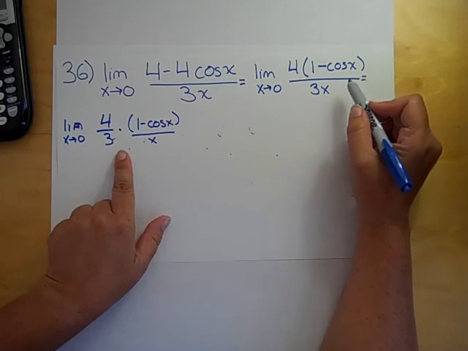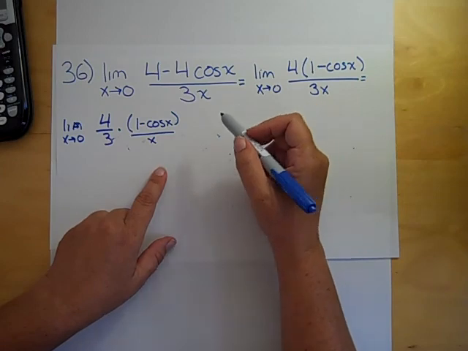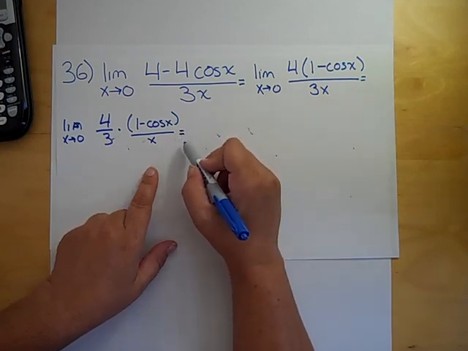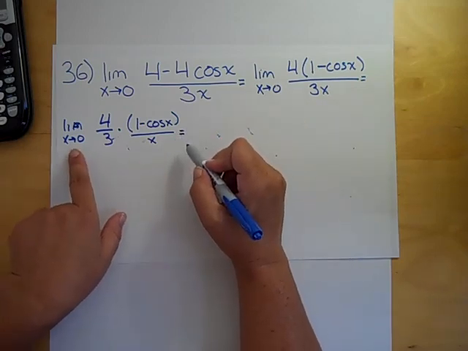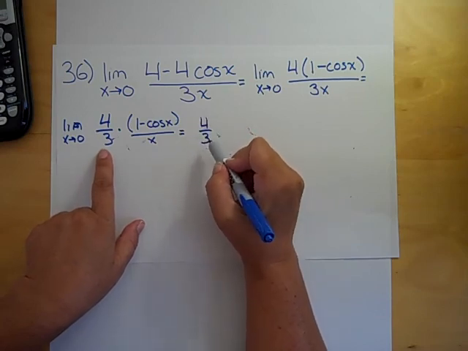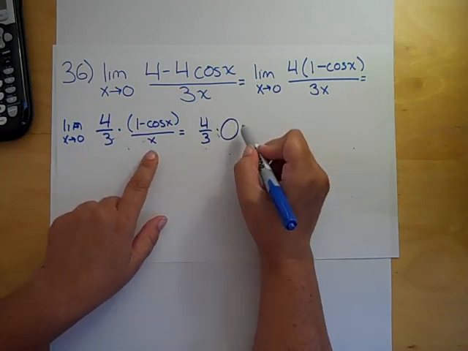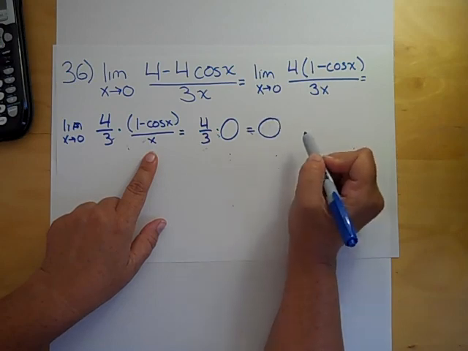And you can see that's legal. If I distribute all this out, I have exactly what I started with. Now we're ready to use our special limits. The limit as x approaches 0 of 4/3 is simply 4/3, because the limit of a constant is always that constant. And the limit as x approaches 0 of this is our special limit. That's 0. Our answer is 0.